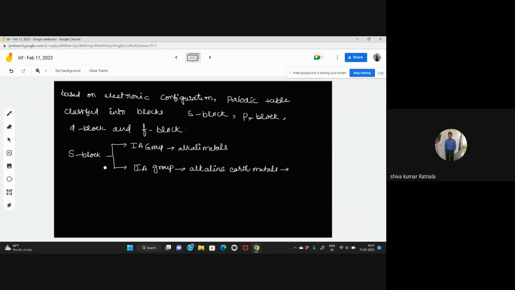The general valence electron configuration is ns1 and ns2.